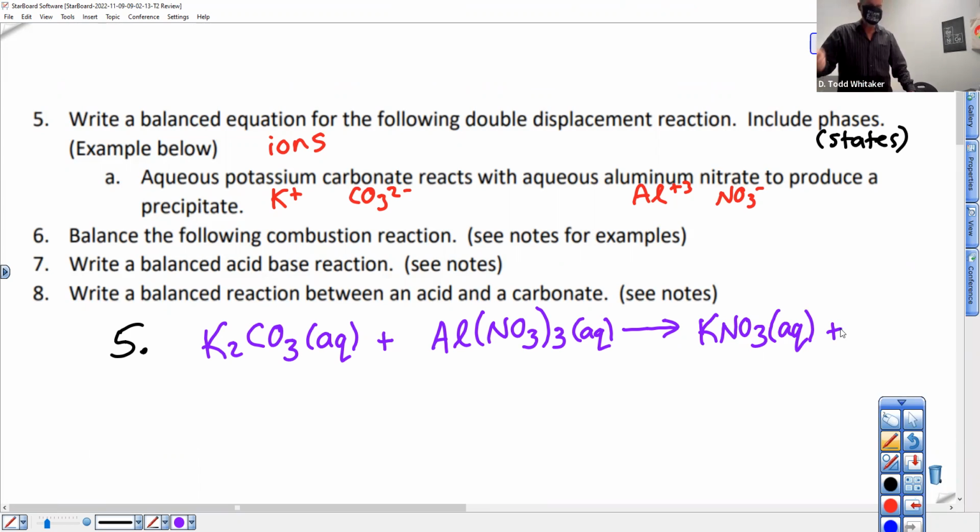Now, which one do you list first in the last formula? The cation first, which would be the aluminum, right, is now mixing with the CO3 2-. I'll actually do that crossover right up here. Al3 plus, CO3 2-, crossover in gray. 3 carbonates, 2 aluminums.